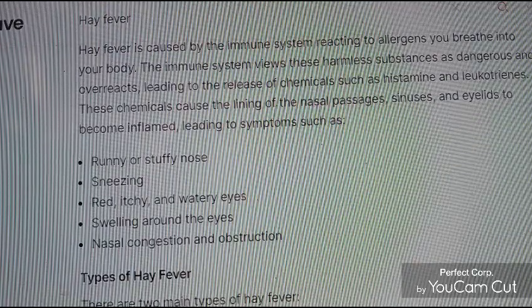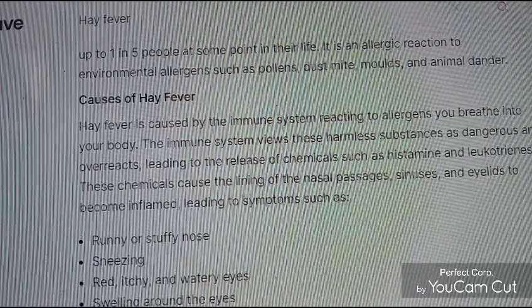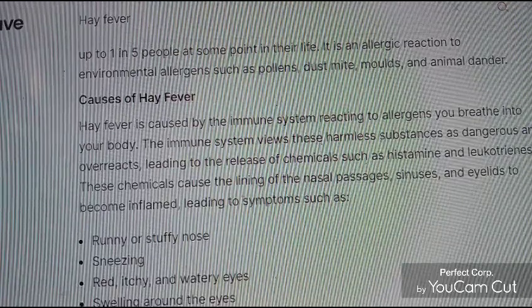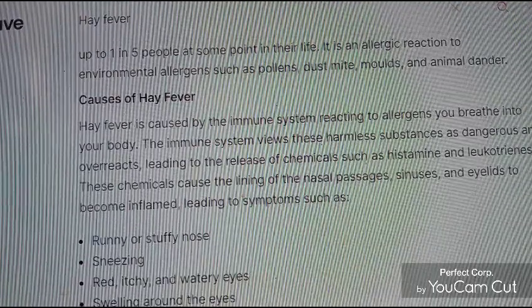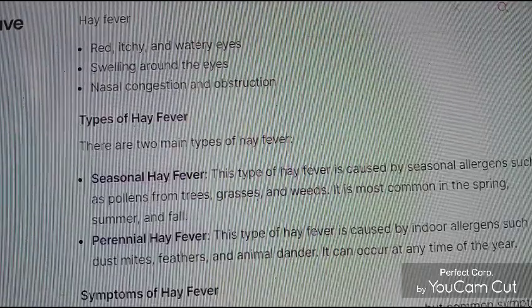Still, they do not say why we have runny nose if our nasal passages, for example, inflame, or why do we have teary eyes when we have a problem with hay fever? They don't explain this. Why not? Because they don't understand.